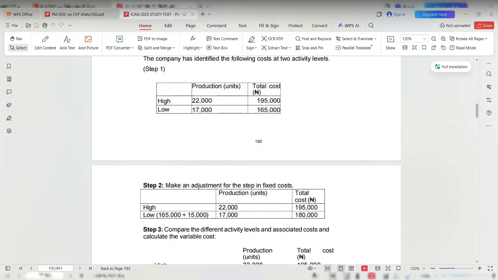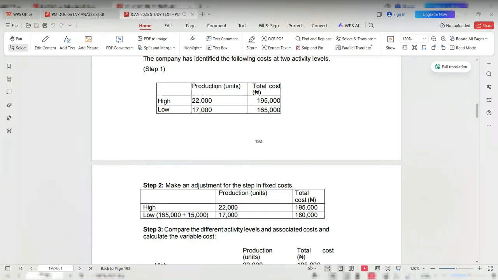So now let's subtract them from each other. 22 minus 17, what do we have? 5,000. And 180 minus 165? 15,000.